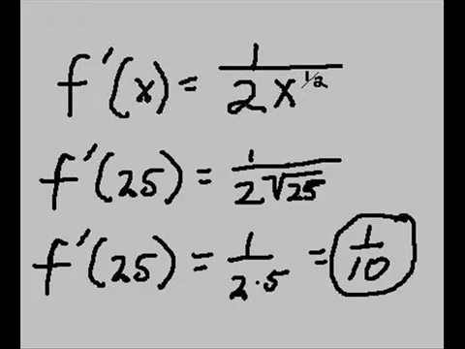So f prime 25 equals 1 over 2 times 25 to the 1/2 power, or the square root of 25. The square root of 25 is a 5. 1 over 2 times 5 equals 1 over 10. So the derivative is 1/10.